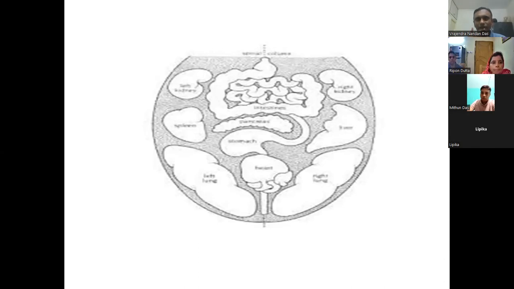Is everybody able to see the names of the organs on the diagram? Are you able to see that, Prabhu? Yes, yes. It's not clear enough. Can you zoom in, Prabhu? Let me try.